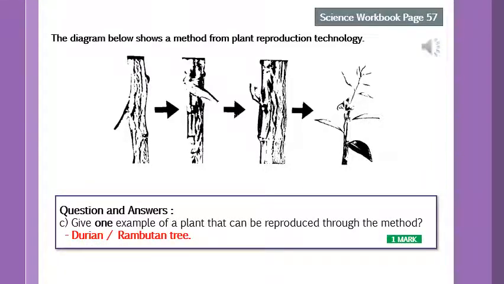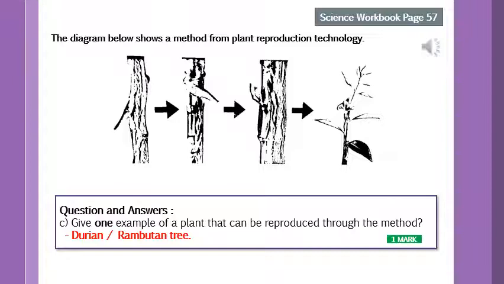Now let's read C. Give one example of a plant that can be reproduced through the method. So what was the method again? The method is bud grafting method. So if you already read the slides on bud grafting method, you will know the answer.